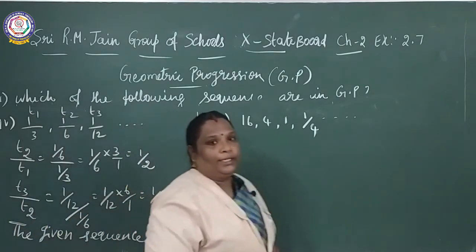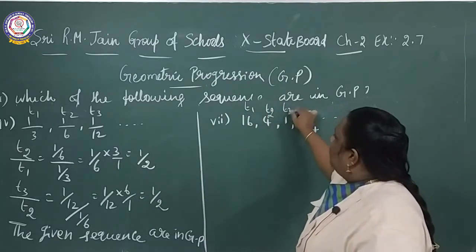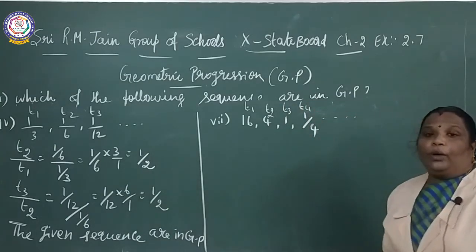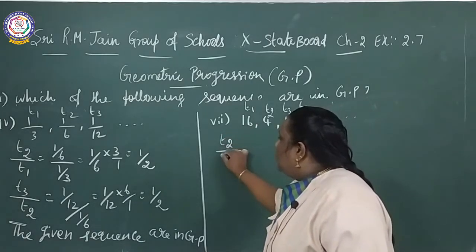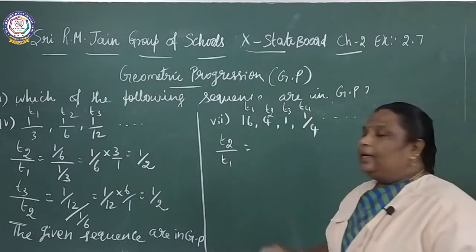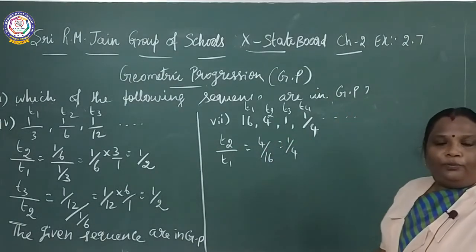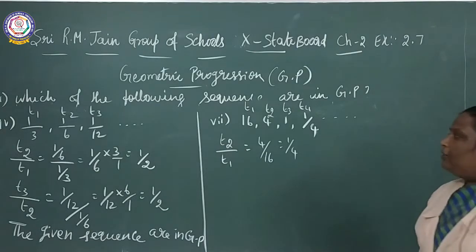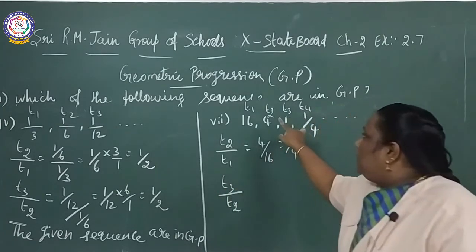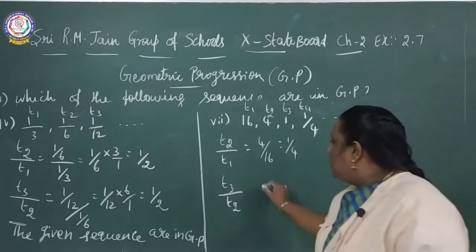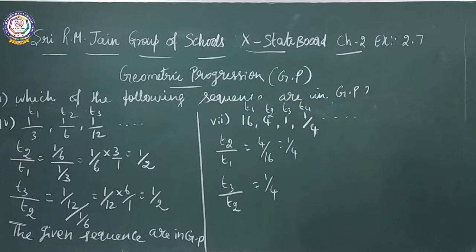Now you move on to the next one. See here, T1, T2, T3, T4. T2 by T1, that is 4 by 16, equals 1 by 4. Next, T3 by T2 is nothing but 1 by 4.